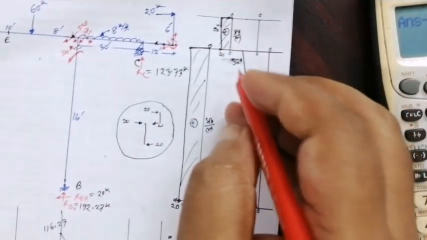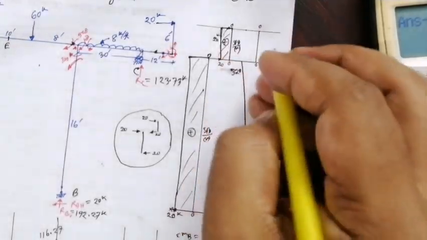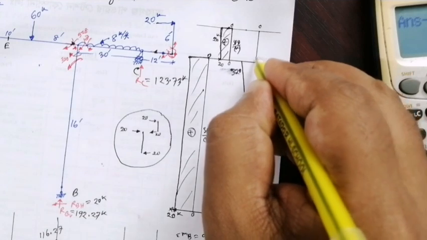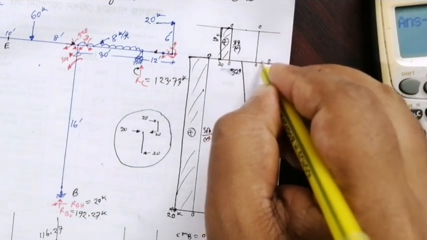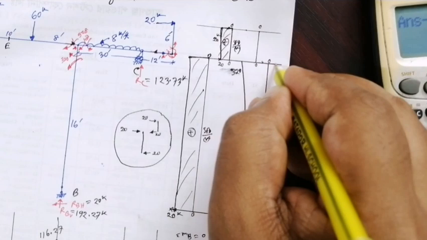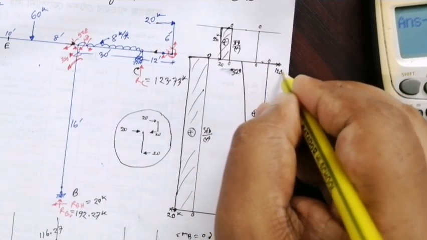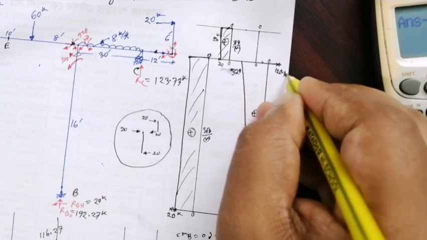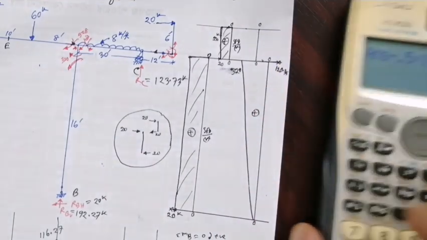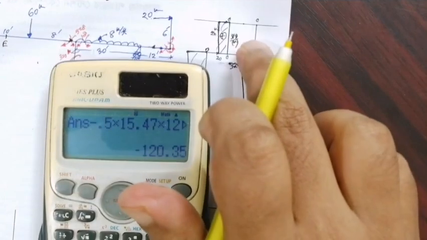So this is negative also, minus 120.35, here also minus.